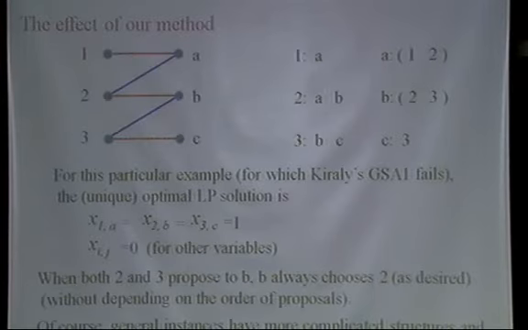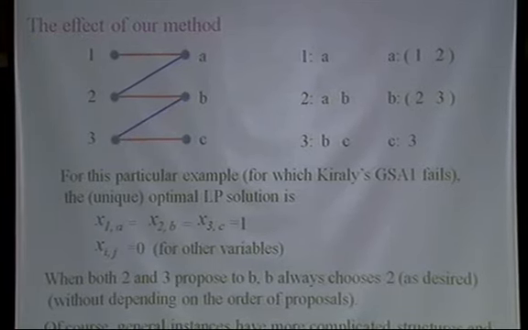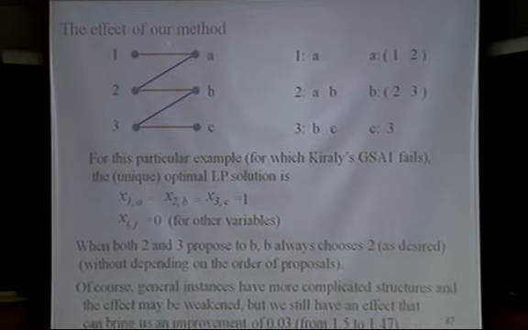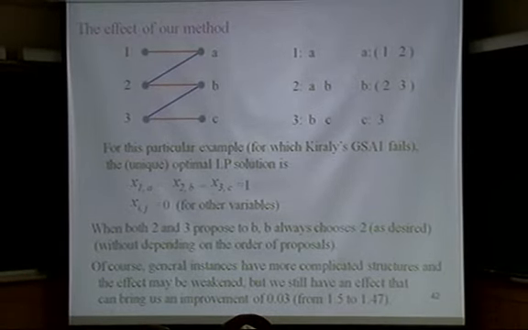And the effect of using that value in our case is that, just consider this particular example. Then the unique solution of the LP relaxation for this instance says that 1A, 2B, 3C, that's the optimal matching, is 1, and other values are 0. So if we apply that procedure to this instance, then we always get an optimal matching, without depending on the order of men's proposals.